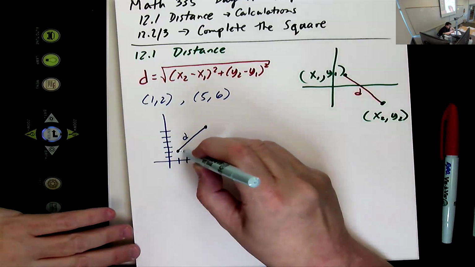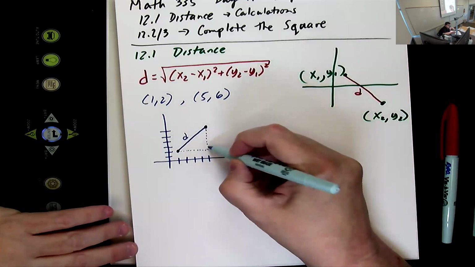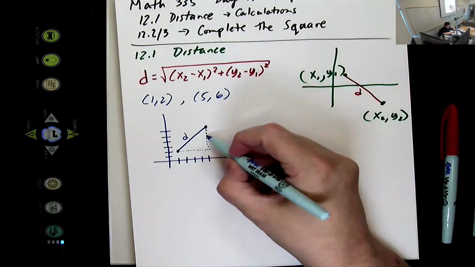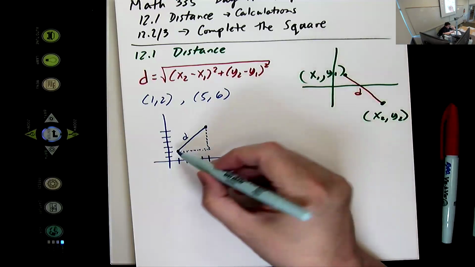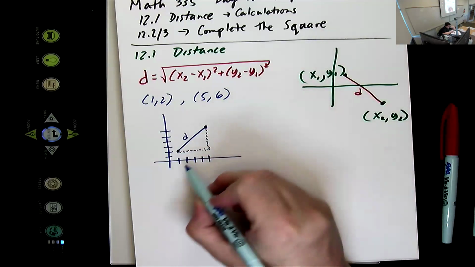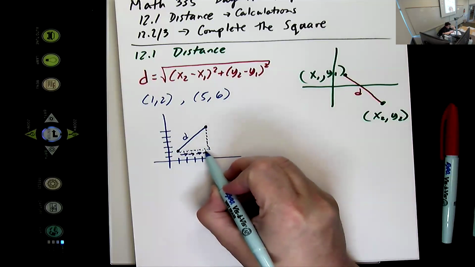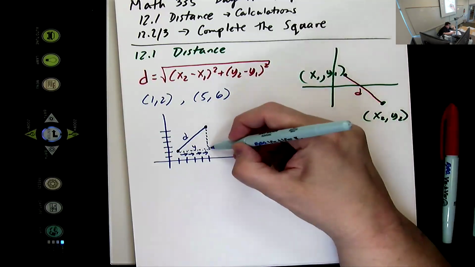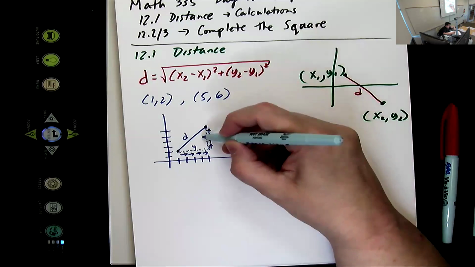Now, just looking at making a little triangle here, I want to have some intuition show up. This length here is 1, 2, 3, 4, and this length here is 1, 2, 3, 4.